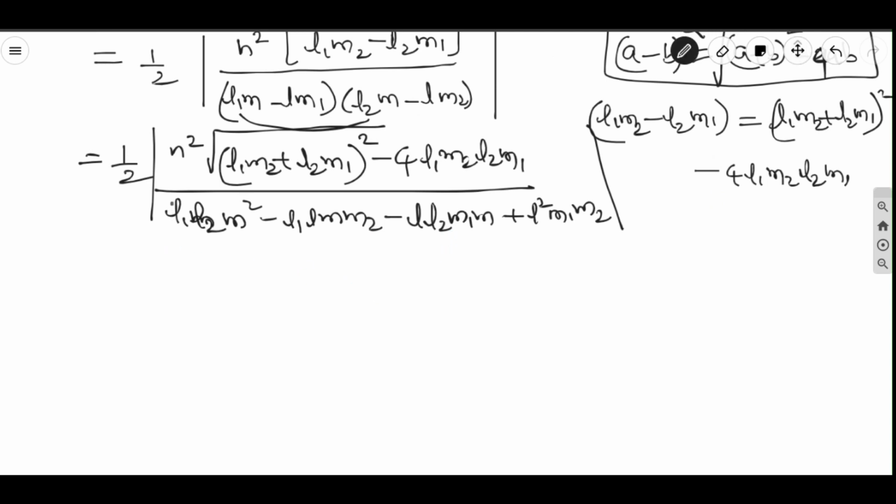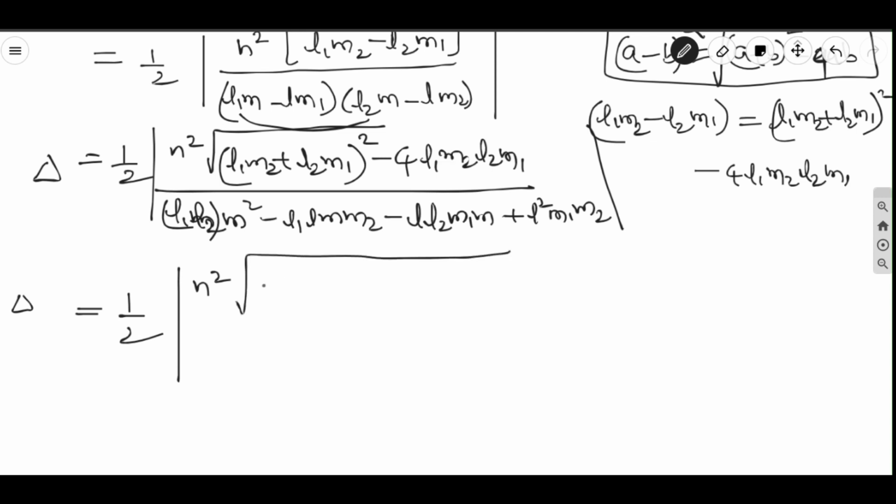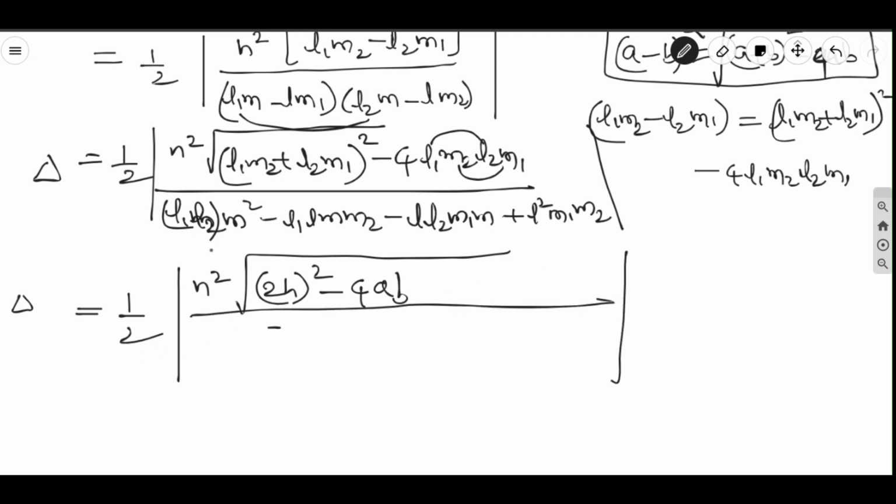Here see, L1 L2 is A, L1 m2 plus L2 m1 is 2H. It is equal to 1 by 2 modulus n square under root, this is 2h whole square minus 4 times L1 L2, combination is A, m1 m2 combination is B, by L1 L2 is A m square.